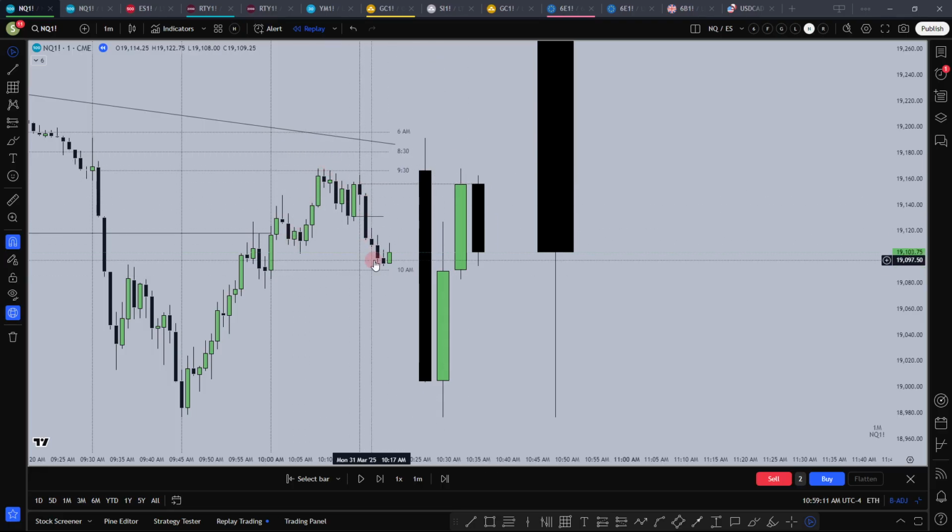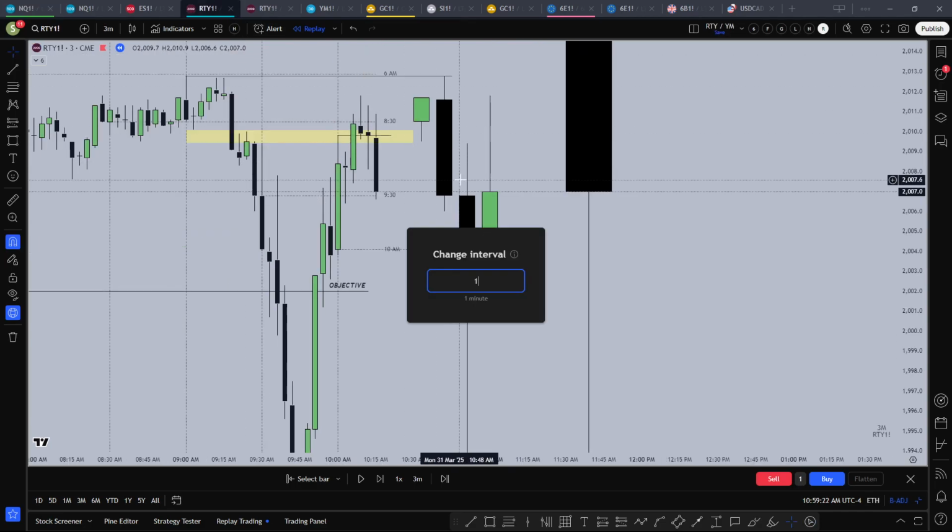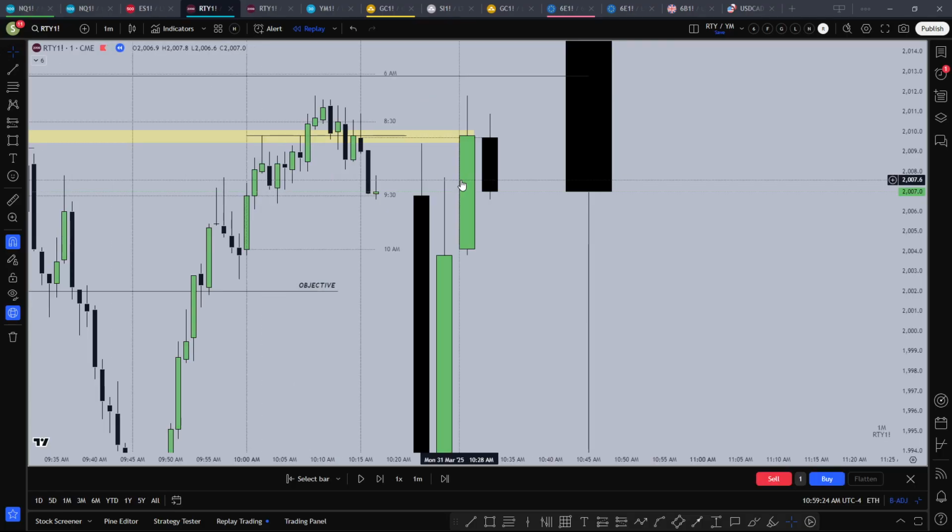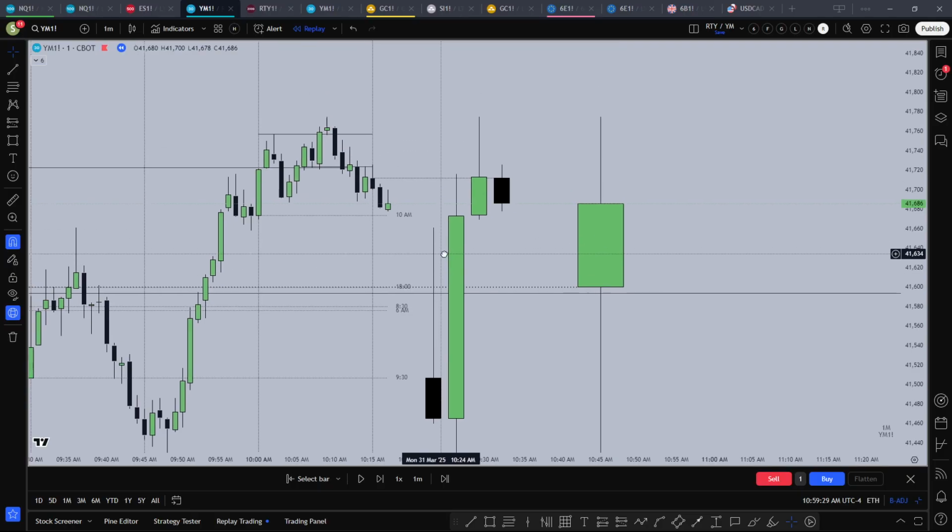Lower time frame established high over 10 am's, above 10 am's opening price. So I would use this as a framework rather than as an entry. RTY, same here. YM, yes, same thing.